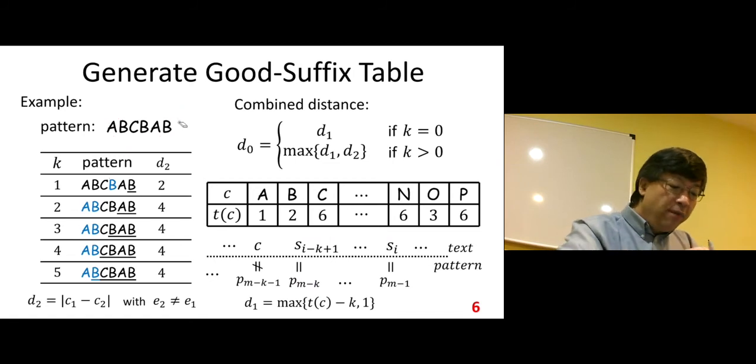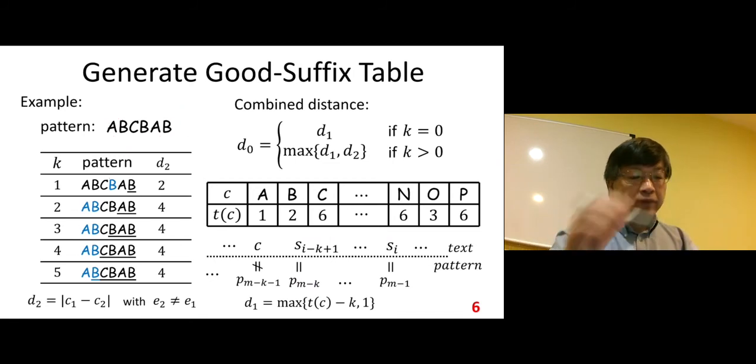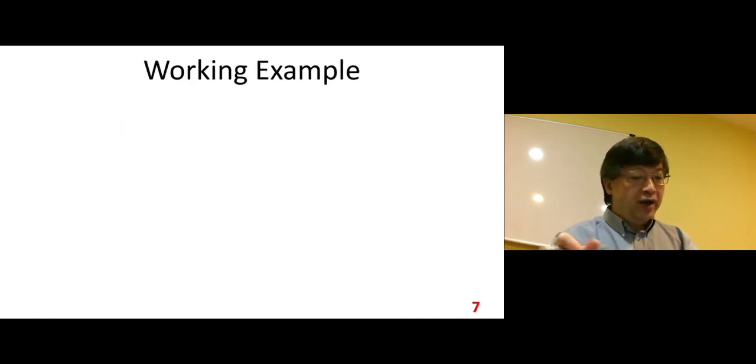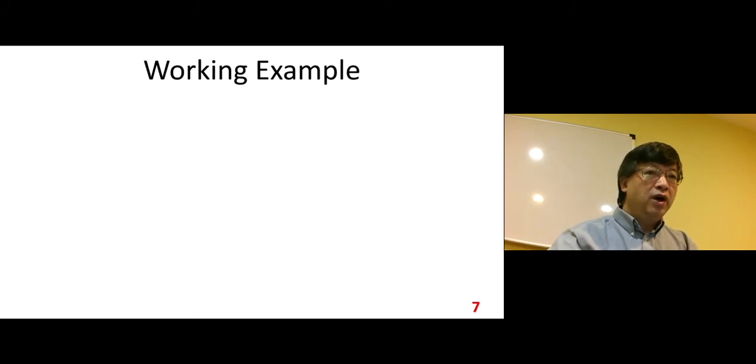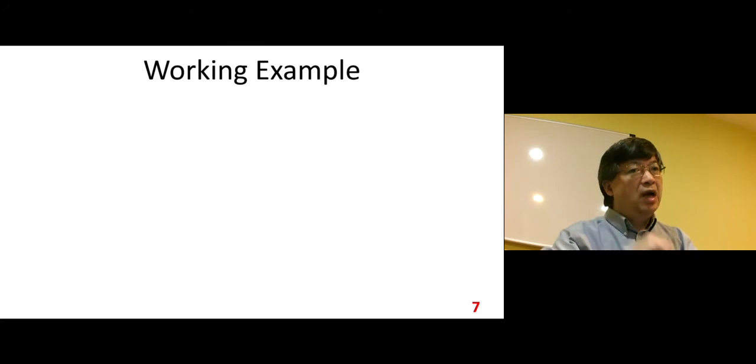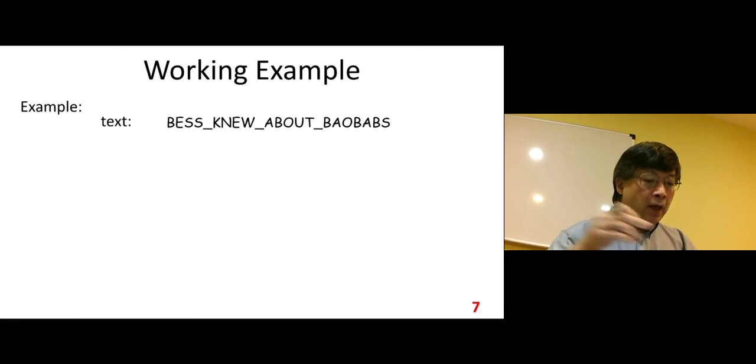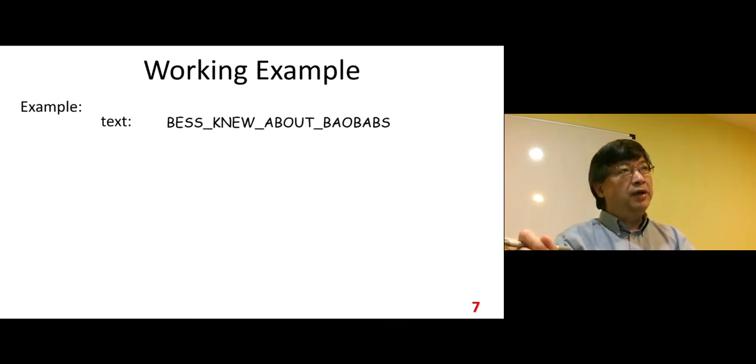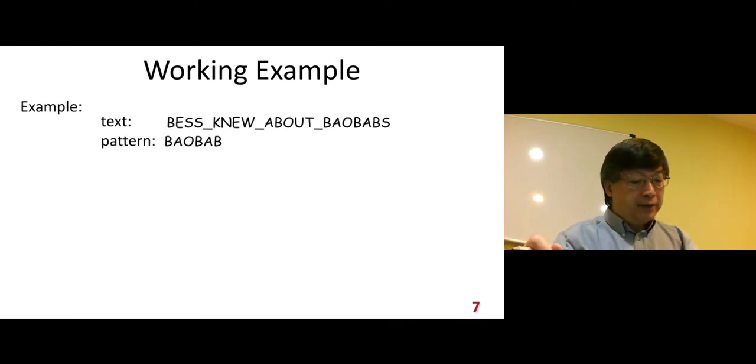With all the preparations we do here, next we are ready to work on a concrete example, so you can see how we use the algorithm. It's pretty complicated, hope you can get it. Example: text given like that, pattern like this.